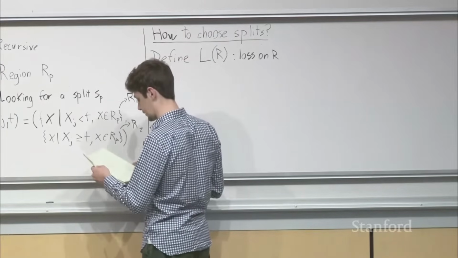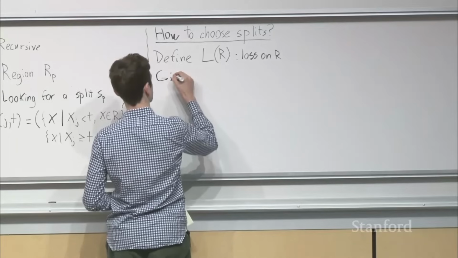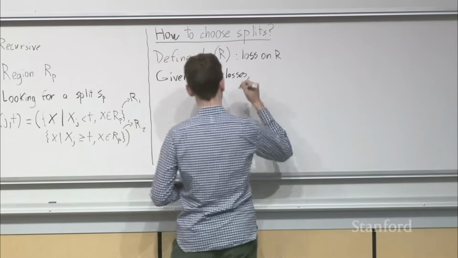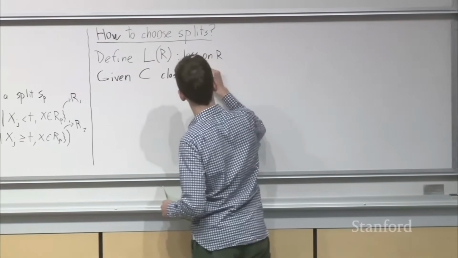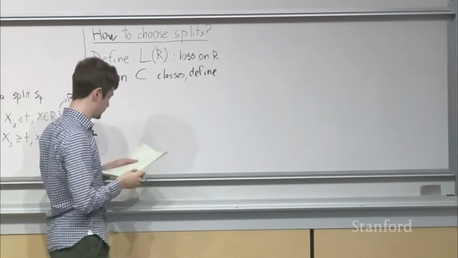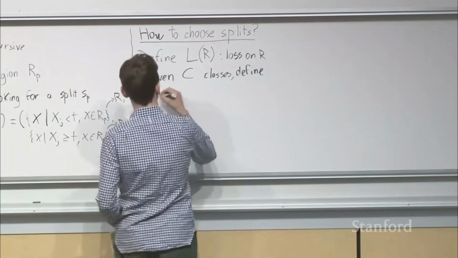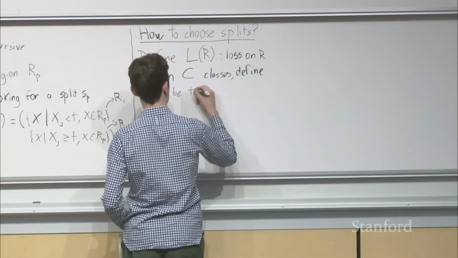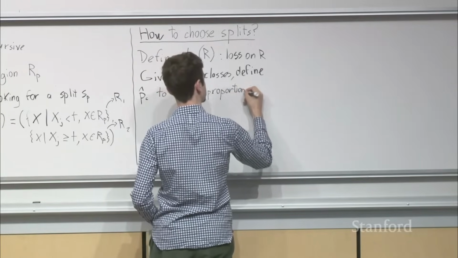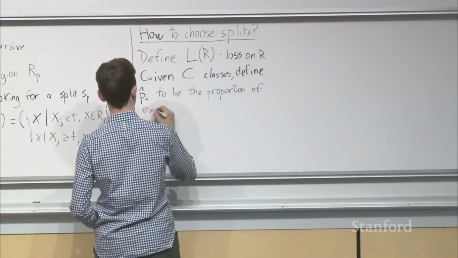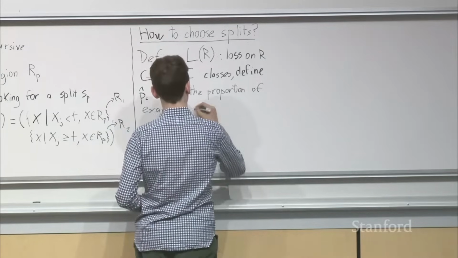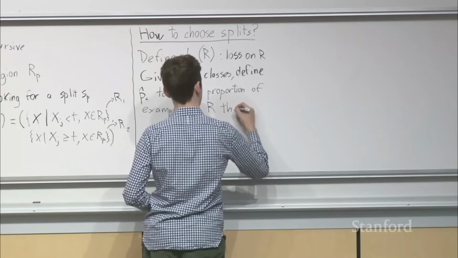And so assuming that you are given C classes total, you can define P hat C to be the proportion of examples in R that are of class C.